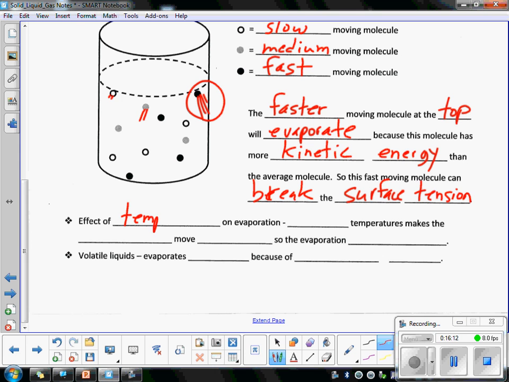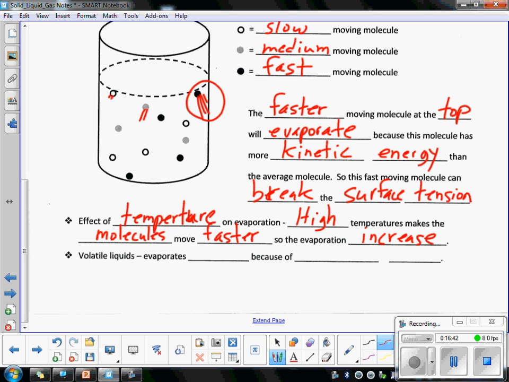So the effects of temperature on evaporation: high temperature makes the molecules move faster, and because they're moving faster, they're able to break free, so more particles are going to evaporate.